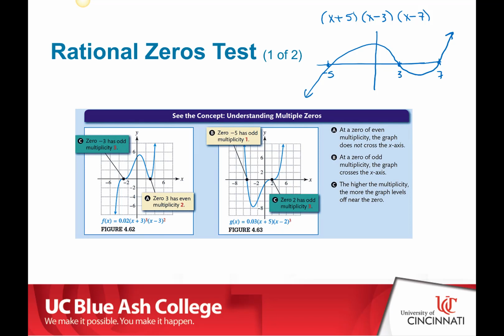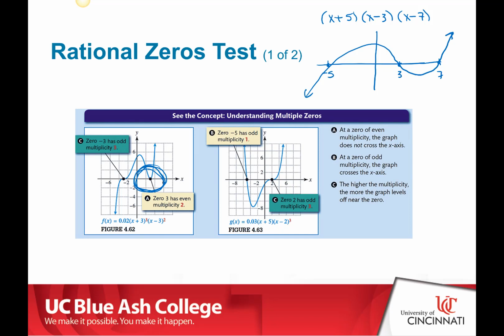If you have something with a multiplicity that's odd, you know it's going to cross. If it has a multiplicity that's even, it's going to touch that point and then back away from it. However, as the multiplicity increases, look at this left-hand graph right there.